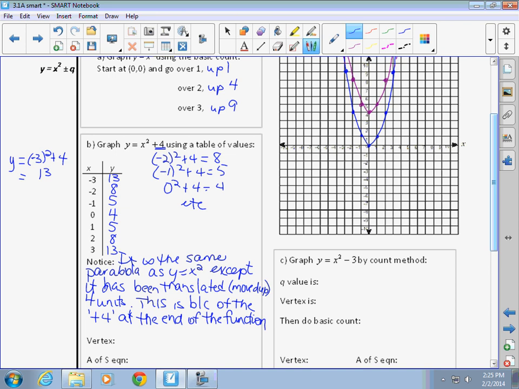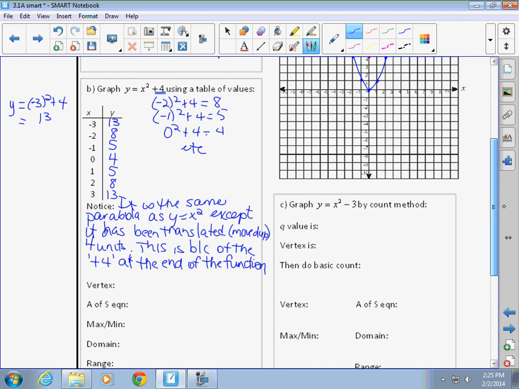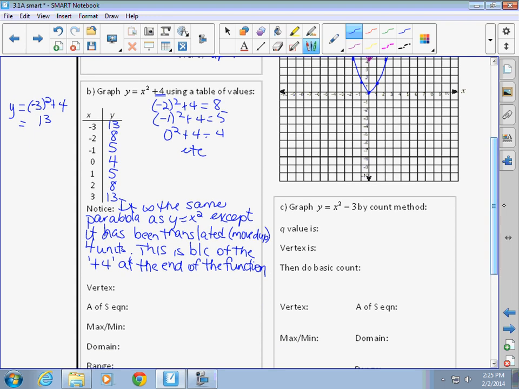And function is just a fancy word for an equation. So that is called the q value.